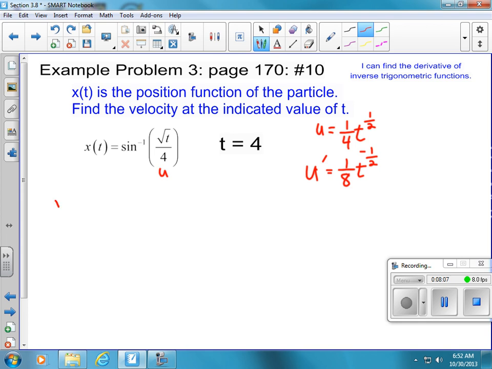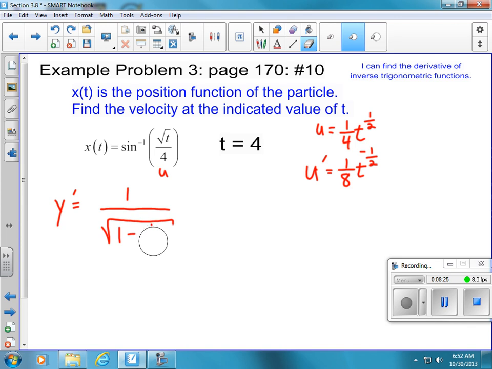Okay, good. Let's use our little formula and start plugging and chugging. We have 1 over the square root of 1 minus 1/4. Actually, I'm going to write this the original way. Square root of t over 4.